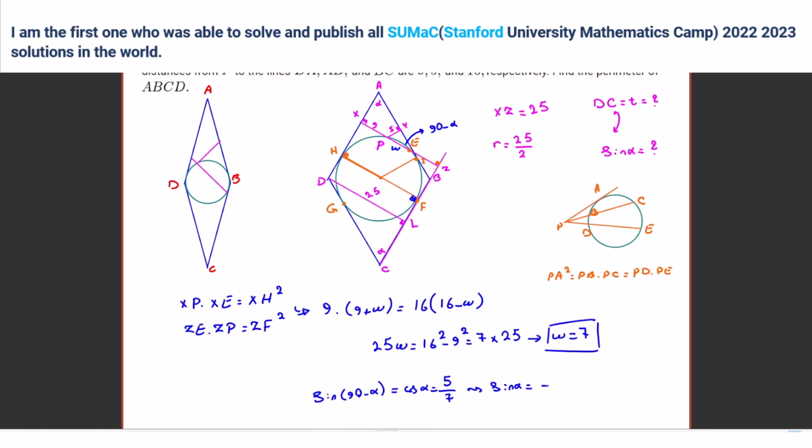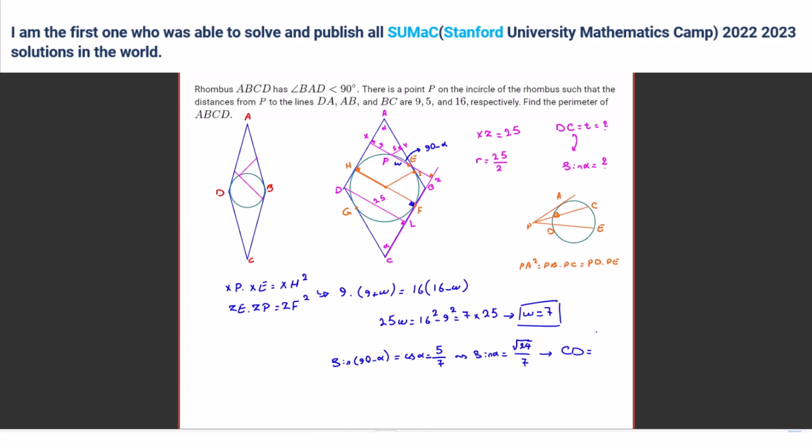So that would be root of 24 over 7, right? Oh yeah. And CD is what then? So CD is 17 square root of 89.